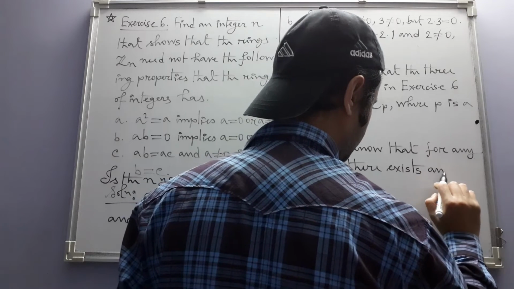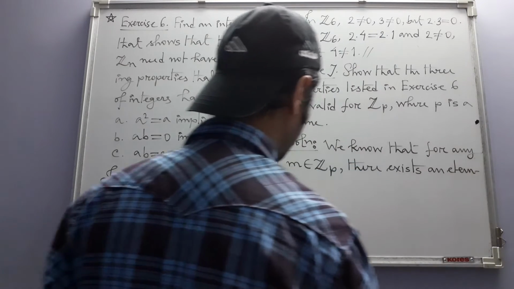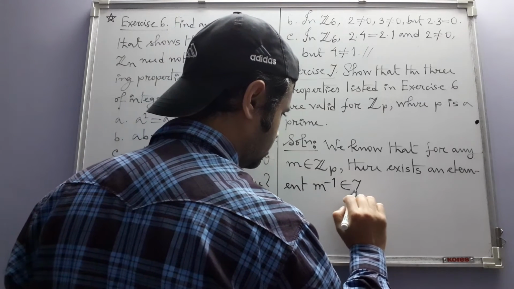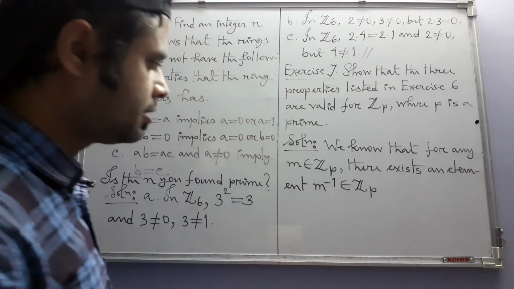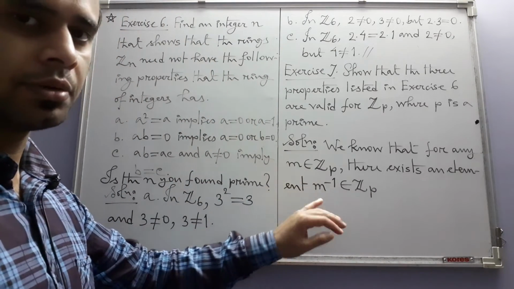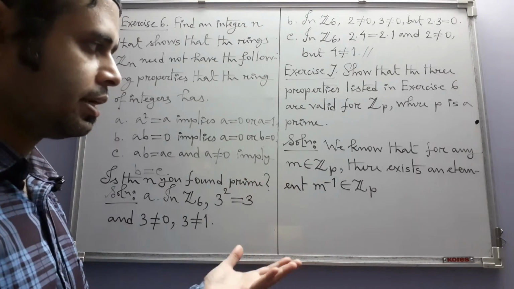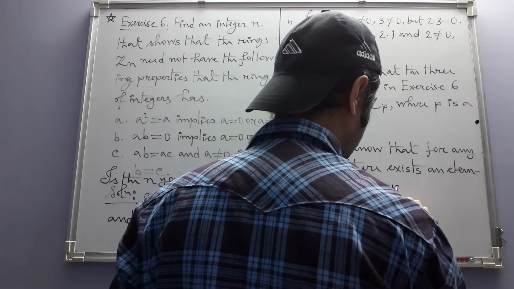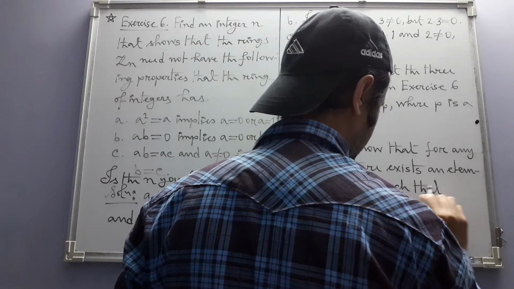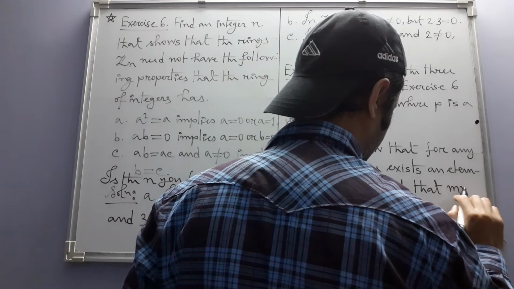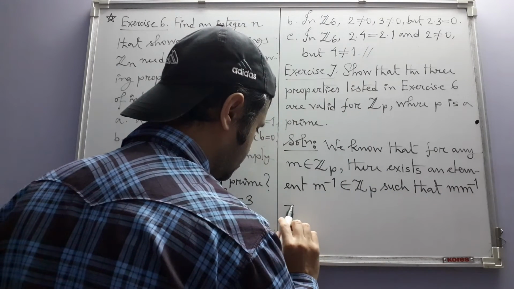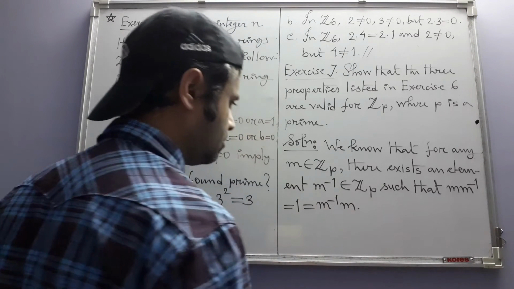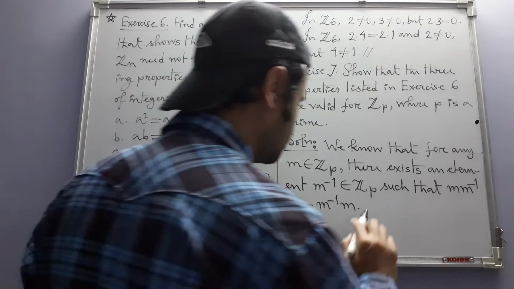There exists an element m inverse belonging to Zp. What exactly this m inverse is in terms of m, that does not matter. Only its existence is enough for us, such that m inverse m equals 1 equals m m inverse. Okay. Now we prove those three things.